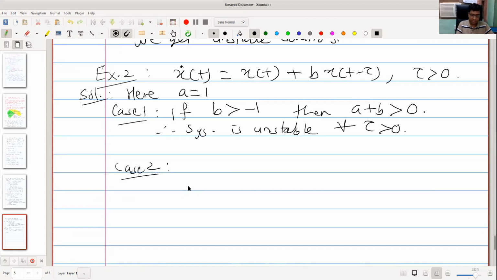What we need, a plus b negative, means a is 1, plus b negative means b is less than minus 1.